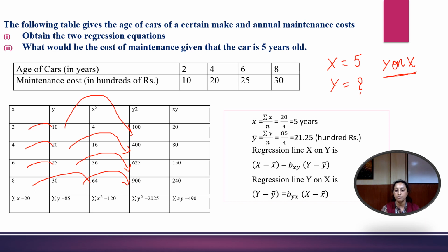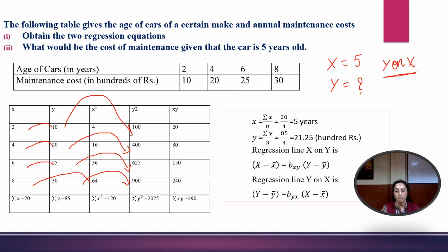Y bar is the mean for the variable Y. So Y bar is total of Y divided by N. The total of Y is 85 and the number of data considered is 4 here. Therefore, we get 21.2500.